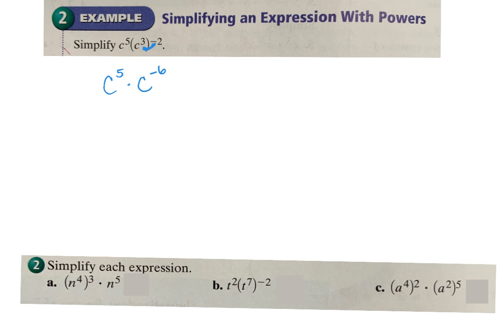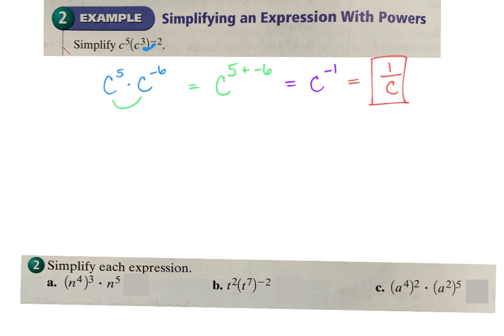And then we're going to use like bases being multiplied. So this would be c to the 5 plus negative 6. That would give us c to the negative 1. And then our rule about negative exponents would say that is 1 over c. You're just doing it a step at a time to simplify it.